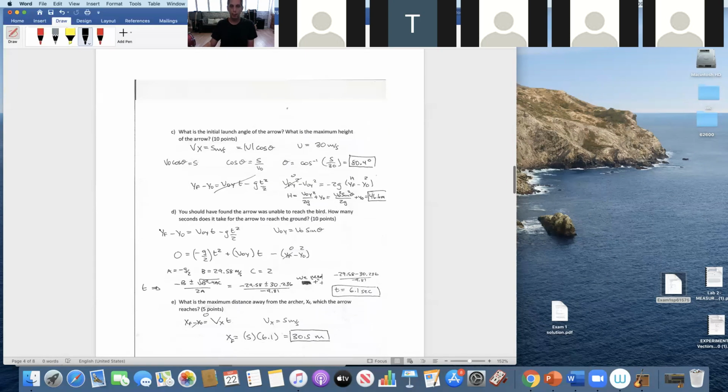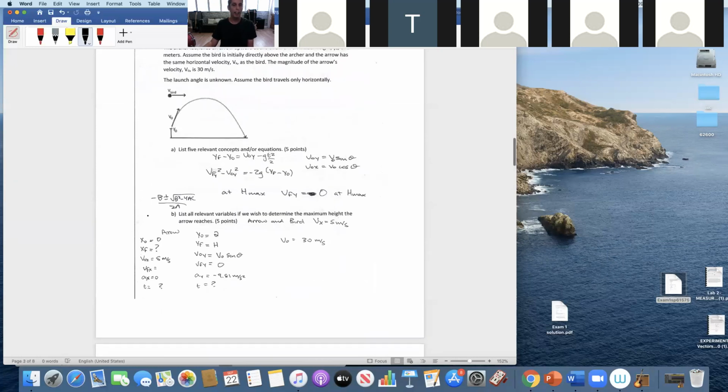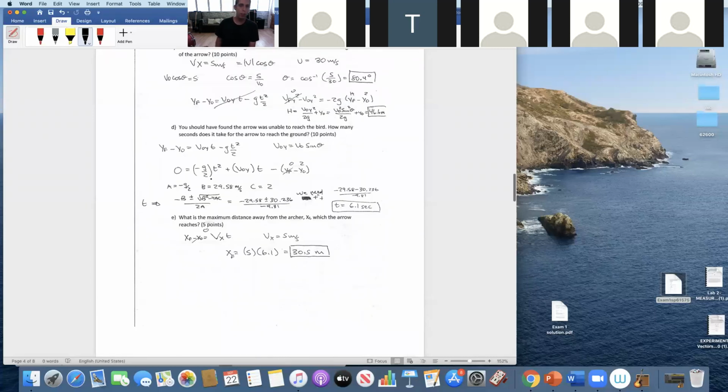Since you found that it doesn't hit the bird, how many seconds does the arrow take to reach the ground? Again, if initial and final were the same height, that's really easy, because in this equation, if Y final is equal to Y initial, and there should be a T right here, I forgot the T right there, this equation is really easy to solve for T. But when you have an initial height, you end up with a quadratic.